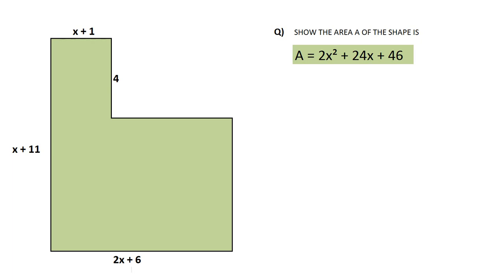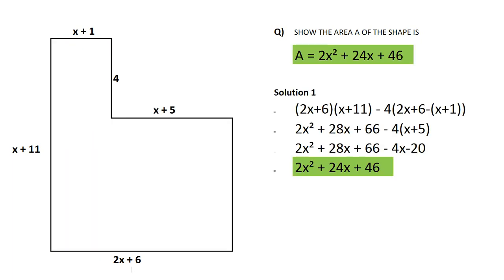Now there are several ways of doing it, and I'm going to show you three quick ways. So let's look at the first way. What I'm going to do is take the whole shape, think of the large shape, and put in the bit that we have excluded.